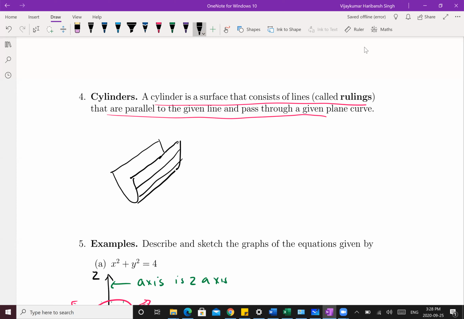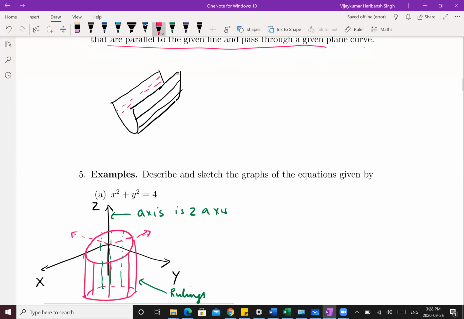The rulings are also on the other side as well. Okay, so that is the idea behind cylinders.